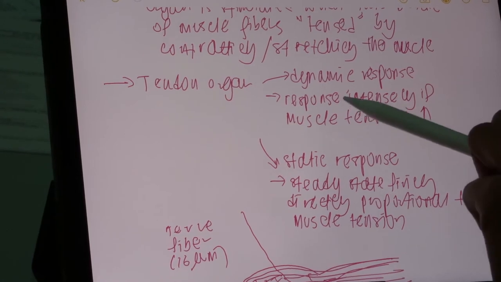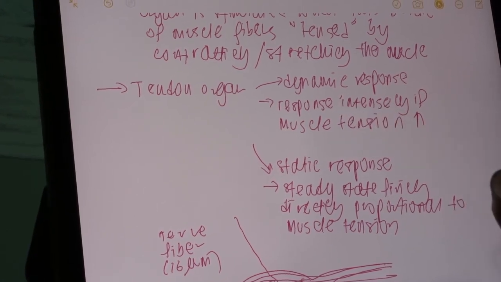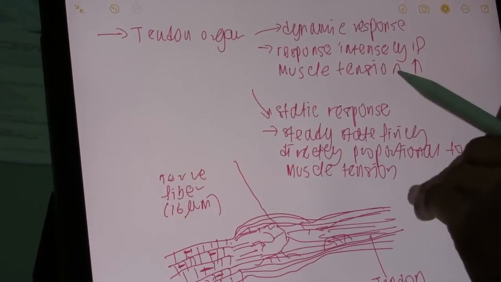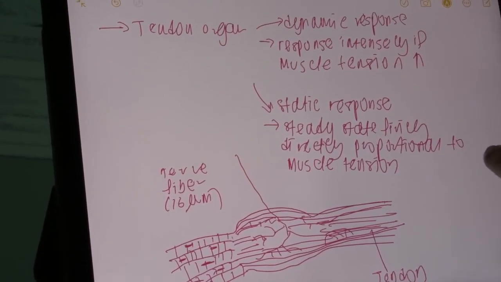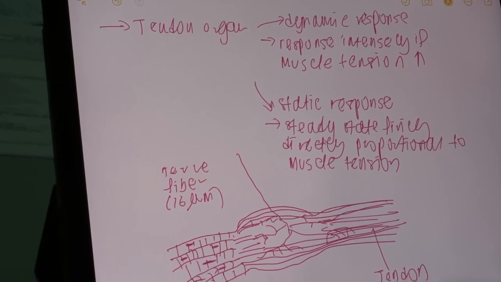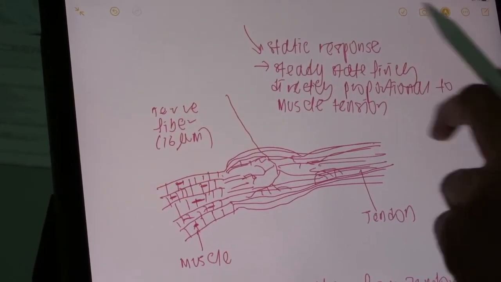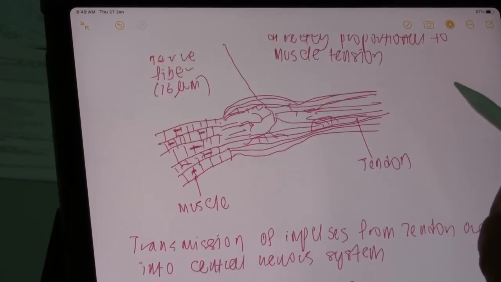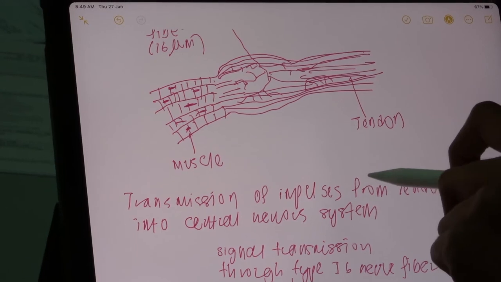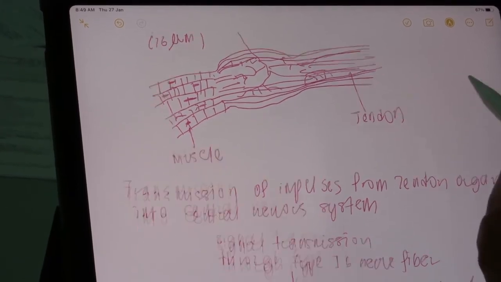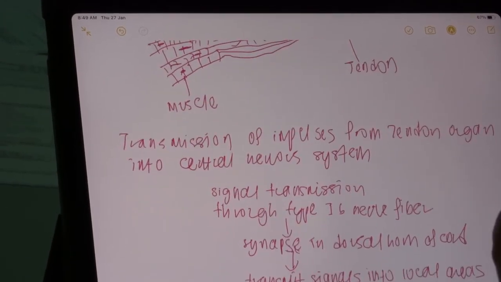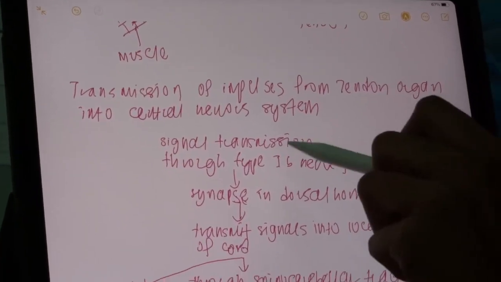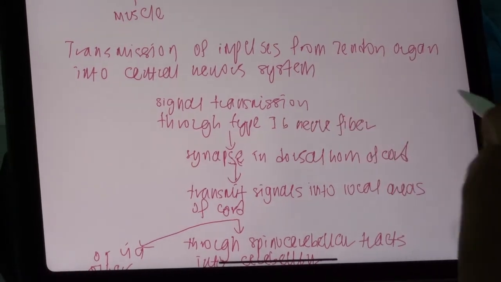The dynamic response here responds intensively if the muscle tension is increased. The static one is a very steady state of firing rate proportional to the muscle tension. This is the picture of the GTO. Impulses are transmitted from the tendon organ into the CNS basically through type 1B nerve fibers.